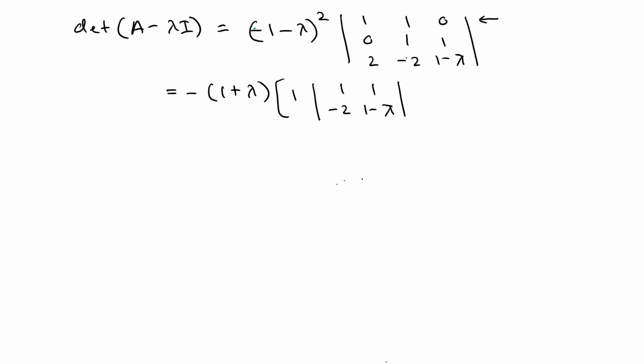That's the first one. Then minus, because the signs go plus, minus, plus, we have 0, 1; 2, 1 minus lambda. Then we can simplify this, since it's a square.